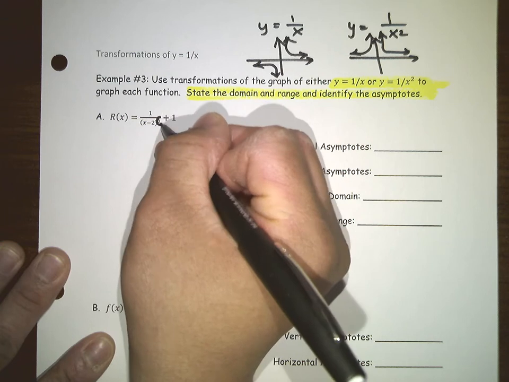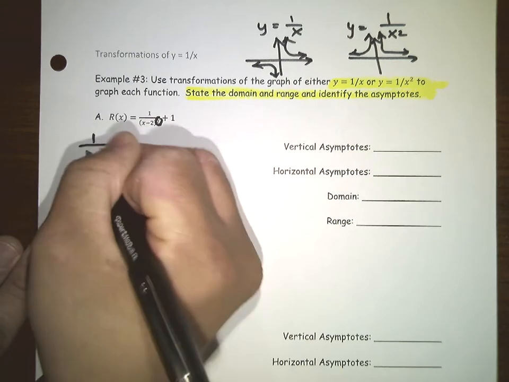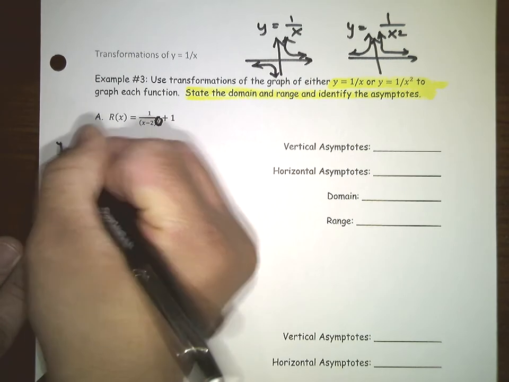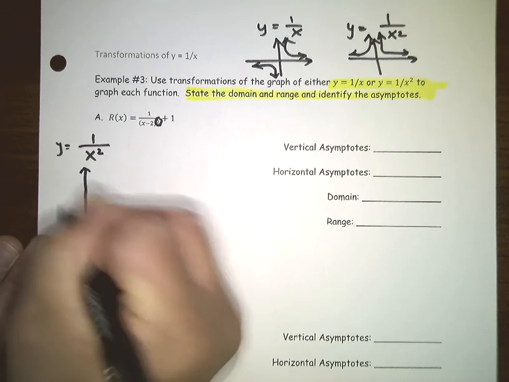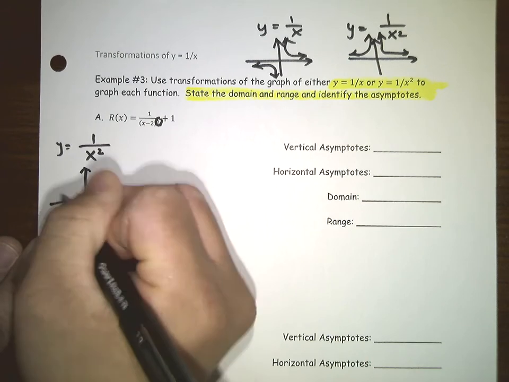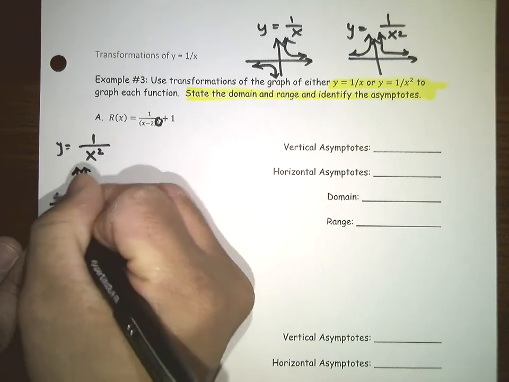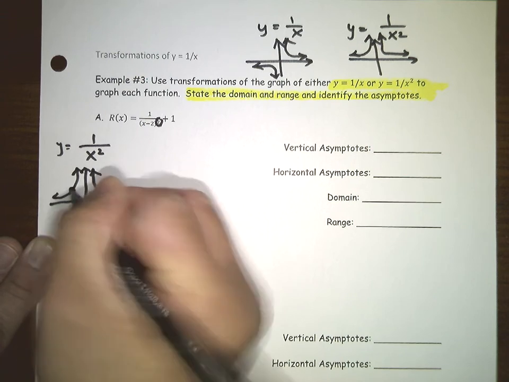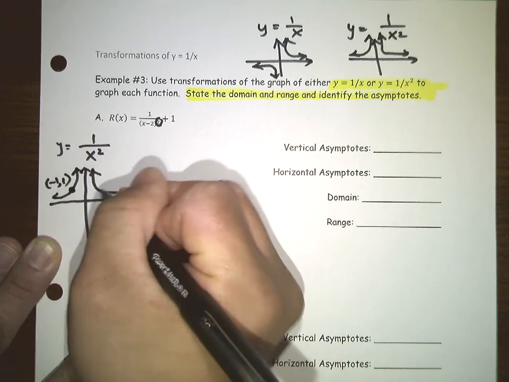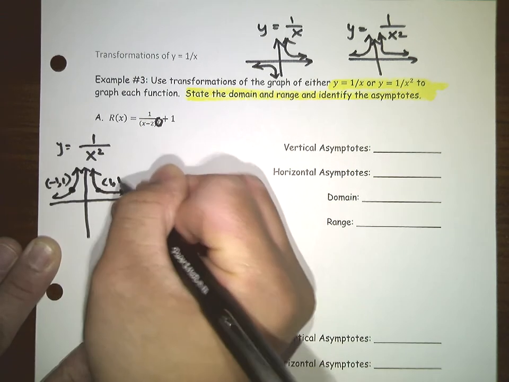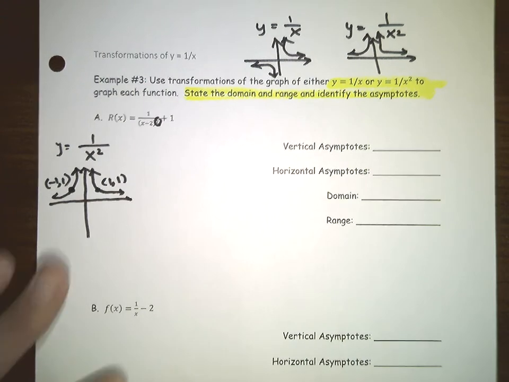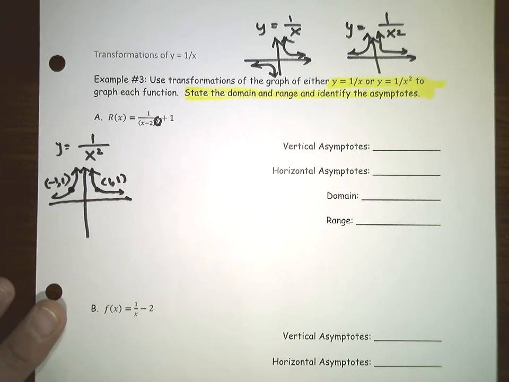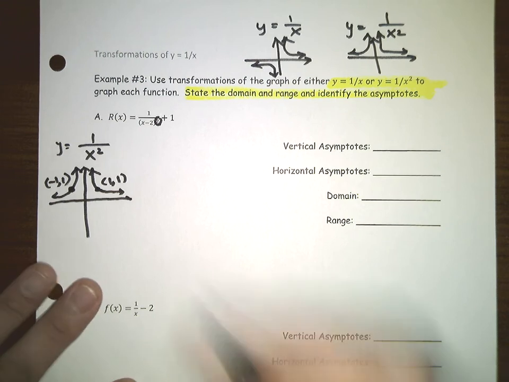So I know that the r of x in part A is 1 over x minus 2 squared plus 1. So I see the squared, so I know I'm going to start with y is 1 over x squared. And I see here that this is what I have. And I have a point at negative 1, 1, and at 1, 1. And then I'll shift 2 units to the right.